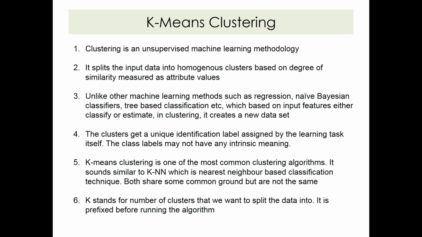So k-means and KNN, although in both the algorithms this letter k is there, they are completely different algorithms. But they have some common philosophy which we will discuss just now. KNN is a supervised learning algorithm. K-means is a completely different algorithm. It's unsupervised learning. Okay, so don't mix these two.